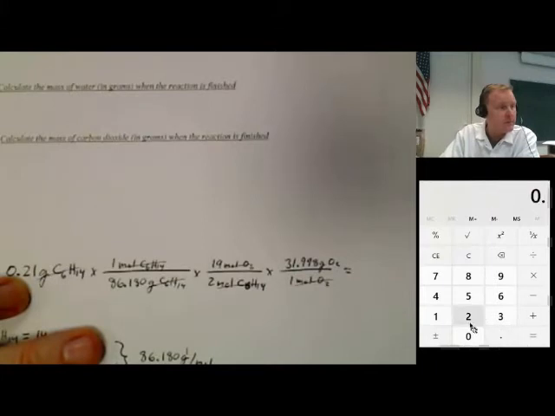And right there. 0.21 divided by 86.18 times 19 divided by 2 times 31.998.